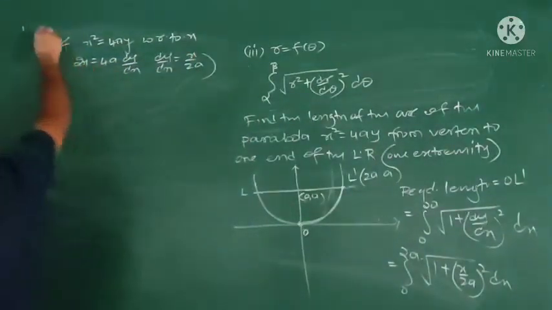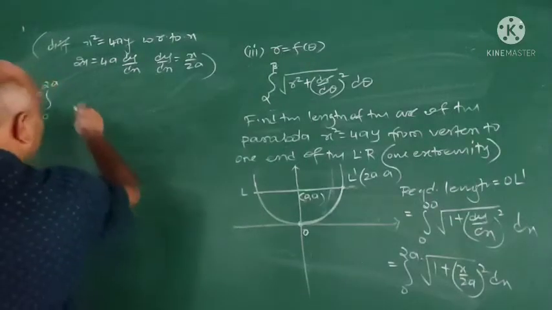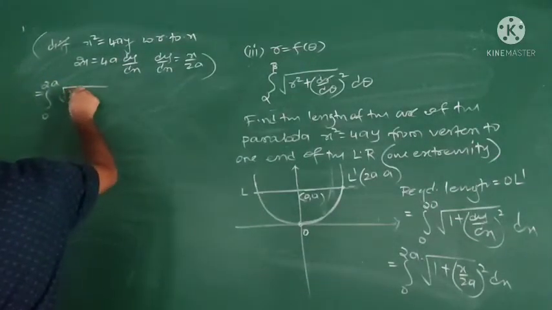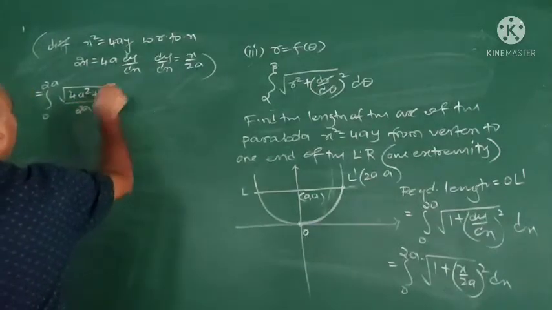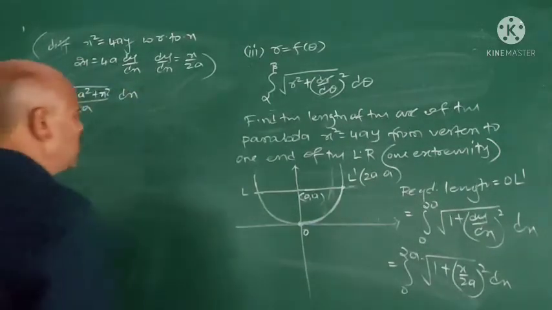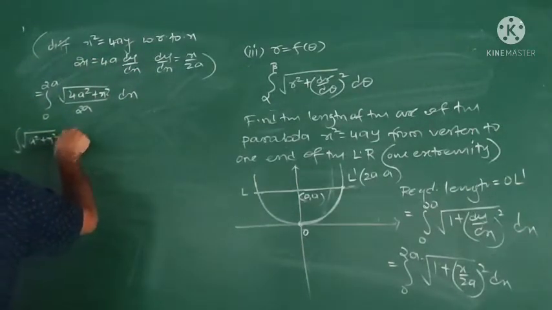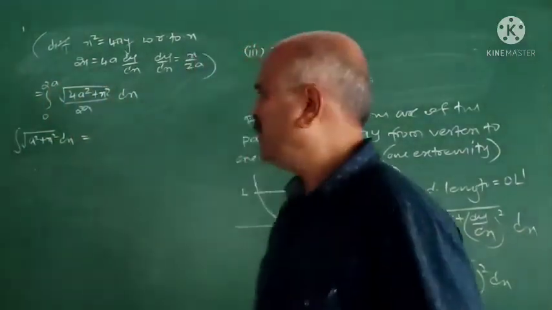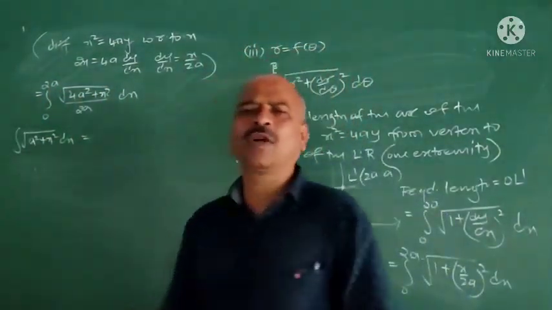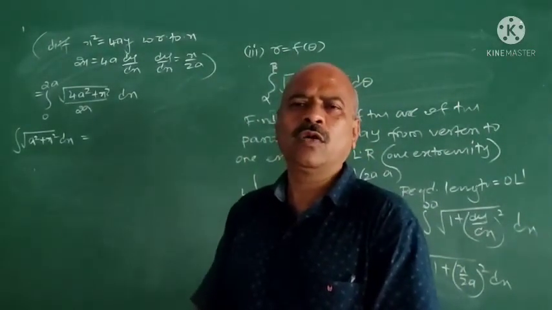Calculate this. It is 0 to 2a square root of 4a square plus x square upon 2a with respect to x. Now what is the formula to be used? Integral root a square plus x square with respect to x. You have to use this formula. That means in definite integral you have studied this formula, and you have to remember that one.